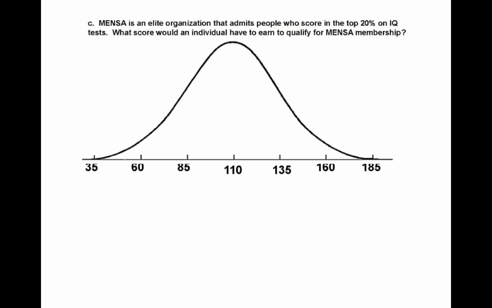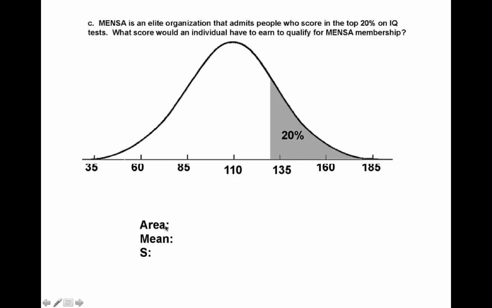Mensa is an elite organization that admits people who score in the top 20% on IQ tests. What score would an individual have to earn to qualify for Mensa membership? So you're wanting to find what score in the top 20%. So that means we have to shade the top 20%, but we don't know what number to go to. Again, when you're given the percent, it's going to be inverse norm.